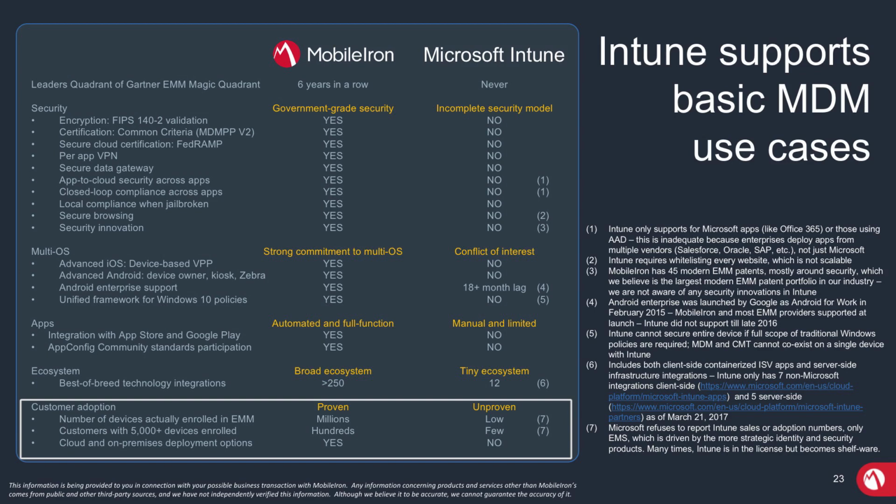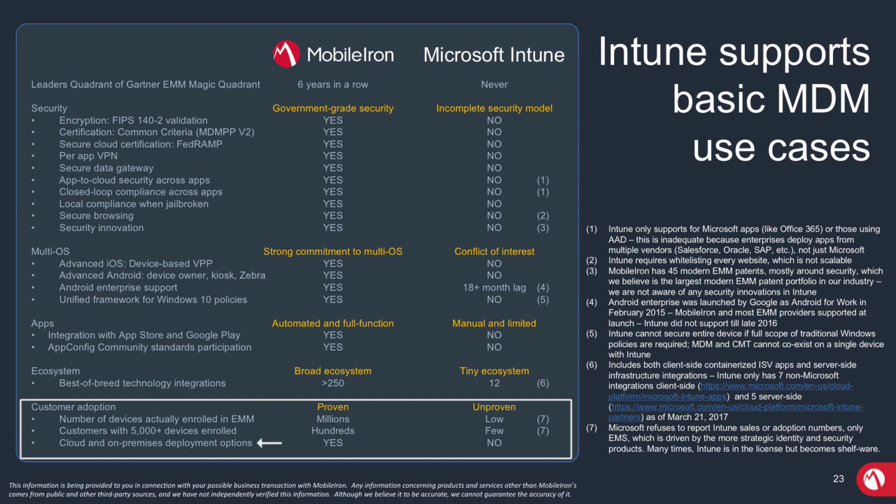And I would really encourage, if you're considering Intune, to ask Microsoft, to force Microsoft to allow you to talk to customers that have actually enrolled over 5,000 devices in Intune or have used it for sophisticated capabilities. In the end, it's the other customers, your peers, that are going to give you the best sense of how these products work.